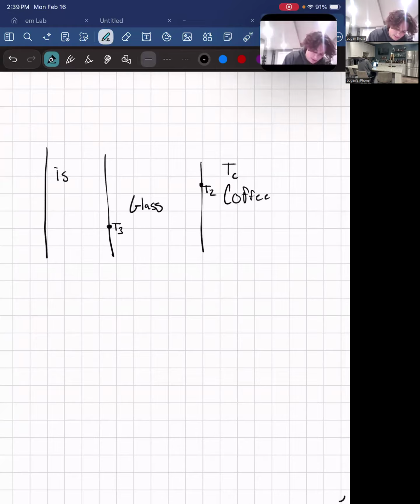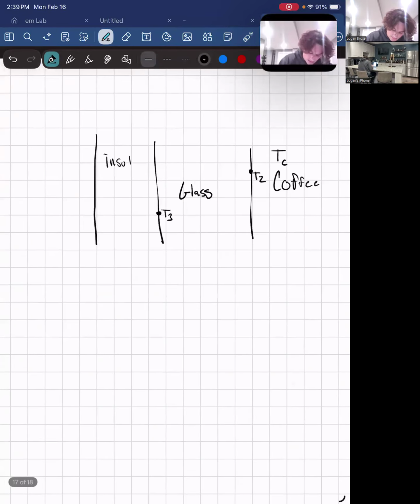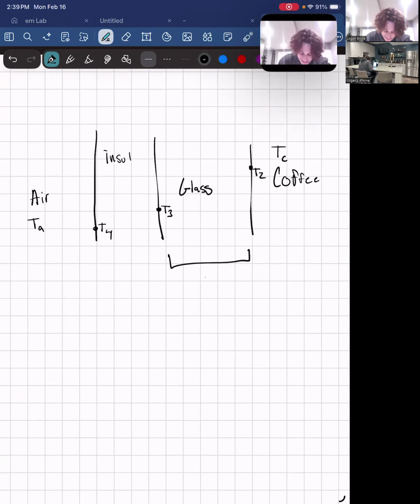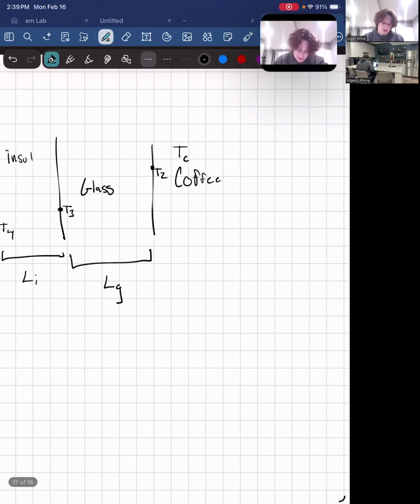Here we have our insulator, here we have T4, and here we have our air at TA. So the length of our glass will be LG, the length of our insulation will be LI, right?